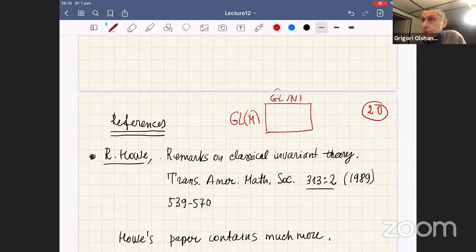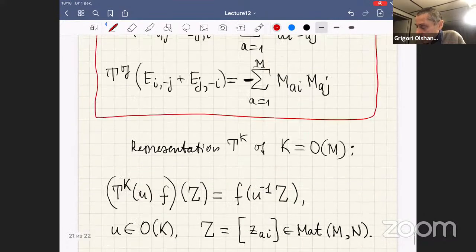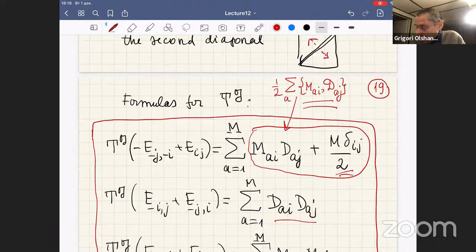The difference is that if you write these two commuting actions in terms of differential operators on the level of Lie algebras, you get first order operators, while in the Howe duality we get second order operators.